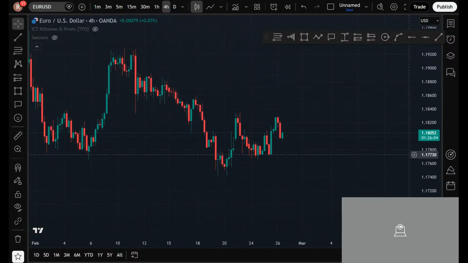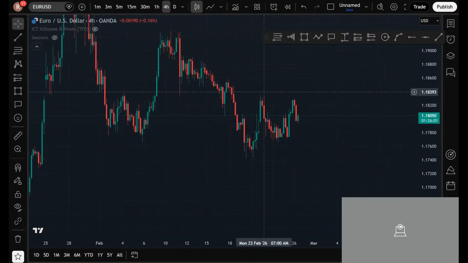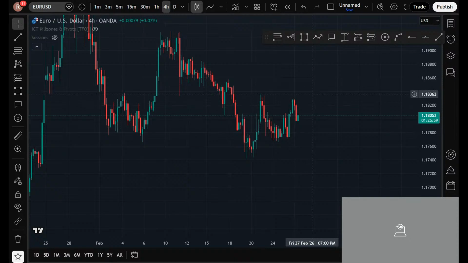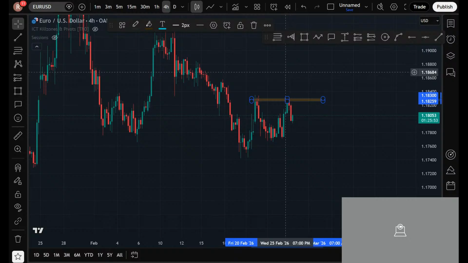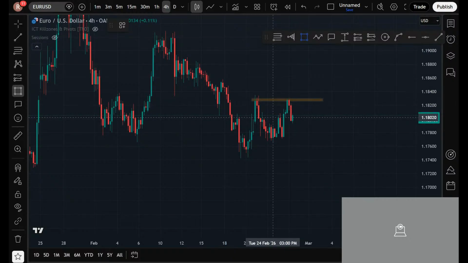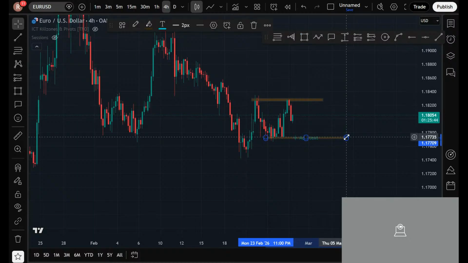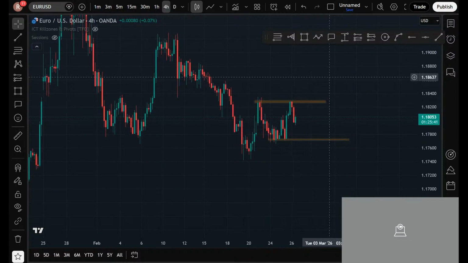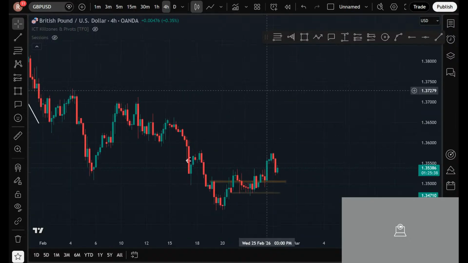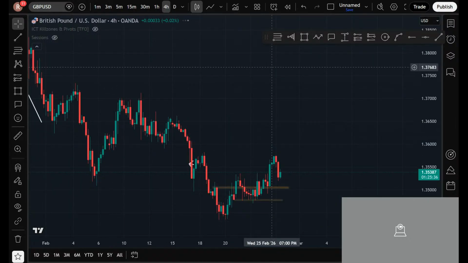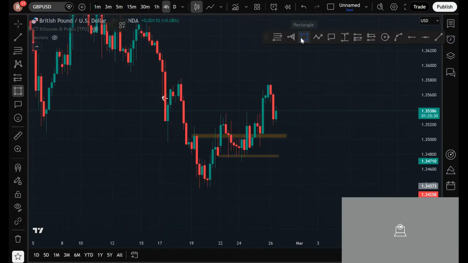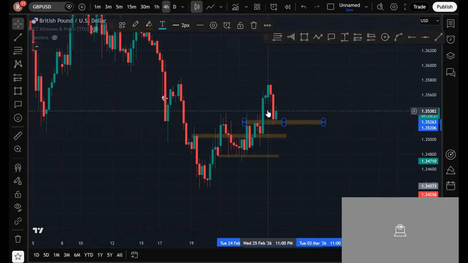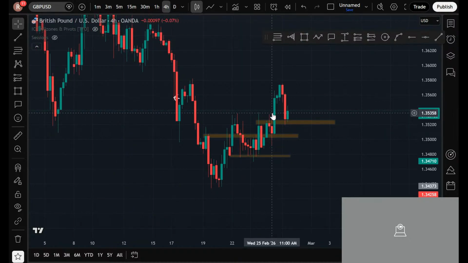Euro USD. We can see sellers, buyers, sellers, buyers. Where are sellers coming from? This area. Do you think buyers are going to come from this area? No, because we are in a ranging market. So this candle can go any place. Here I can see buyers are way too strong. Above this zone, see buyers, sellers are so weak compared to this candle.